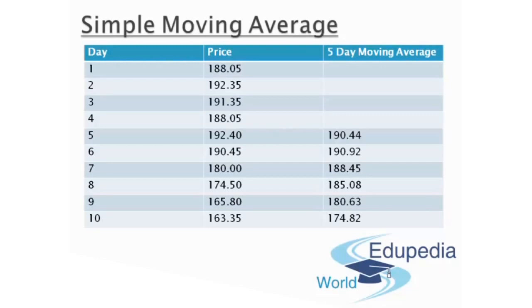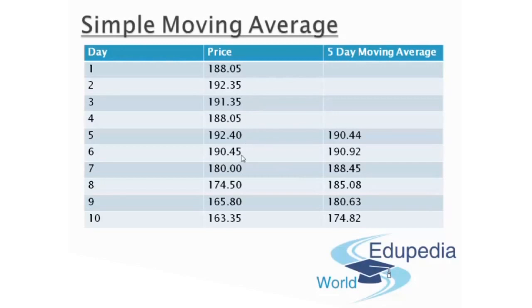In case I have to ask for the 6th day's 5-day moving average, I'll skip out 188.05, that is for the first day, and I'll include 190.45 in my calculation. So the values will be 192.35, 191.35, 188.05, 192.40 and 190.45.